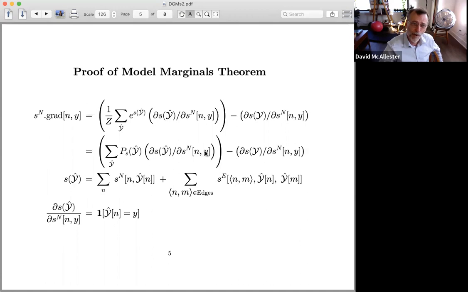If this node n and value y do not appear in this sum, the derivative is 0. If the score doesn't depend on this parameter, because n is not assigned this value, then this parameter is not used in computing the score. If n is assigned this value, then the derivative of the score is 1, because we're just adding that value into the score. So this derivative is 1 if the global assignment assigns this lowercase value.